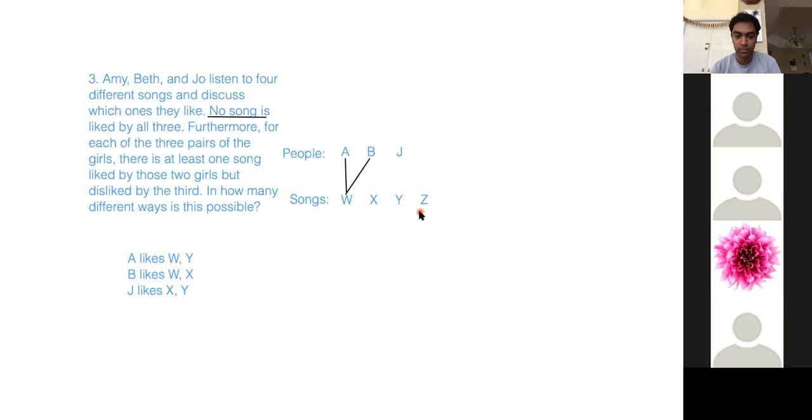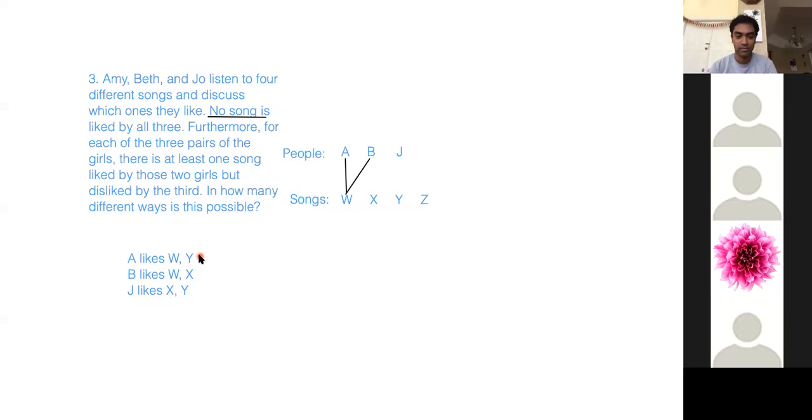Z could go with A, and wait. So right now, this satisfies all the rules, right? But no one likes Z. We could also make one of them like Z if we wanted to, right? So where could we put Z if we wanted to?